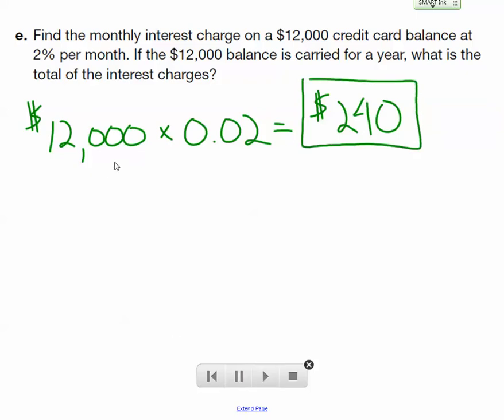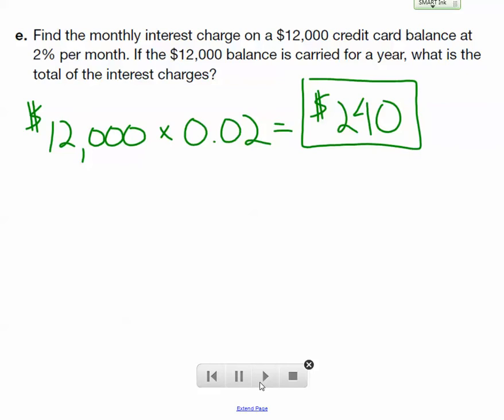So that hurts. That stings a little bit. And that's realistic actually, because credit cards will charge you 24% per year, which comes out to 2% per month. So $240 to have a $12,000 credit card balance just for 1 month.